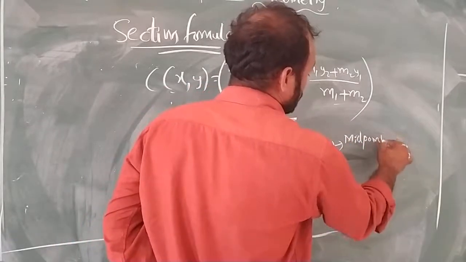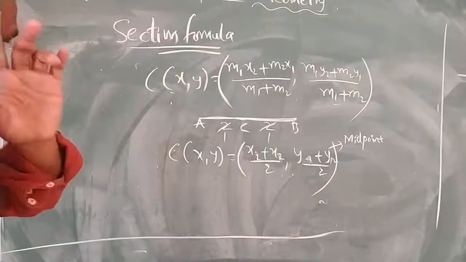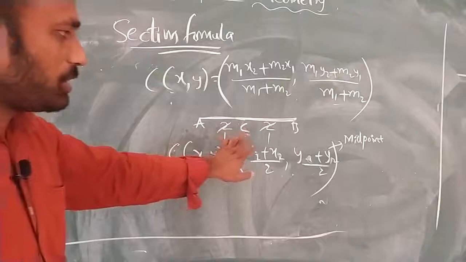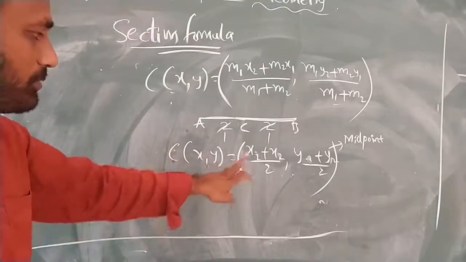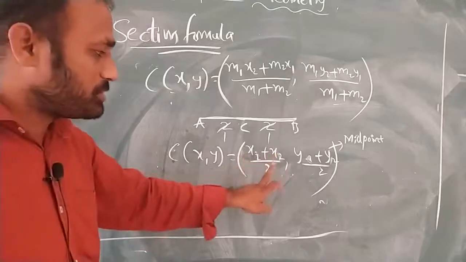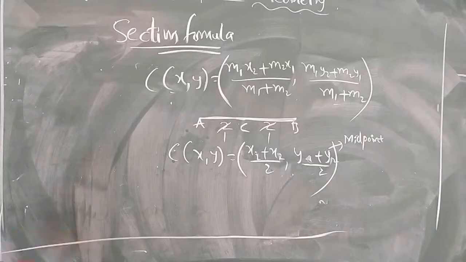So the third formula today we are learning is the midpoint of a line. If the question asks to find the midpoint of given points, we need to use the formula (x1 + x2)/2, (y1 + y2)/2. So this is the formula for the midpoint.